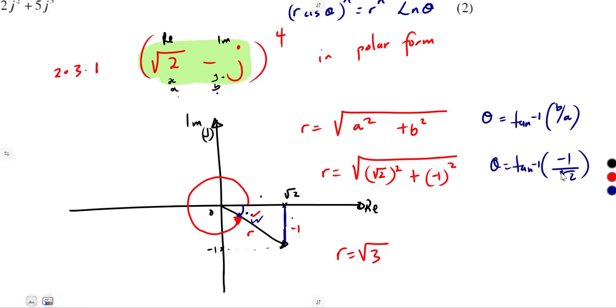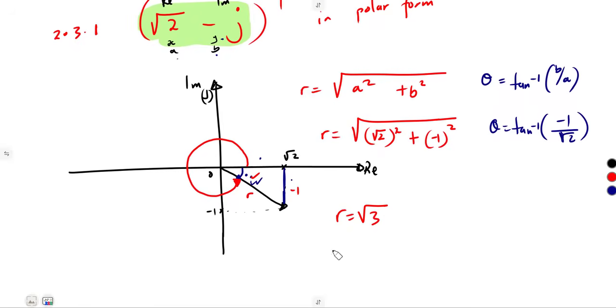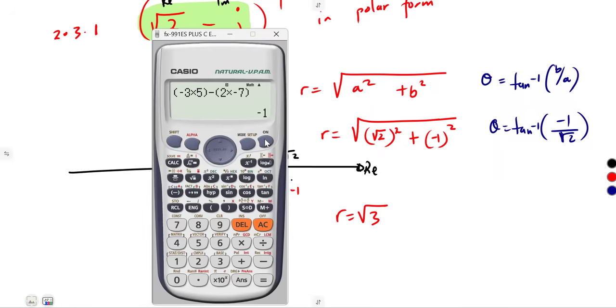That's another error which was made on your memo, guys. The arctan, shift tan, that's arctan of -1 over the square root of 2, like that.